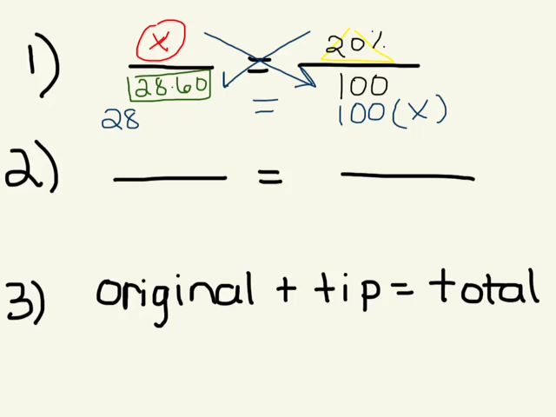I shouldn't have done that yet. 2860 times 20. Good. So I just did that math. That's 572. And then I have 100x.